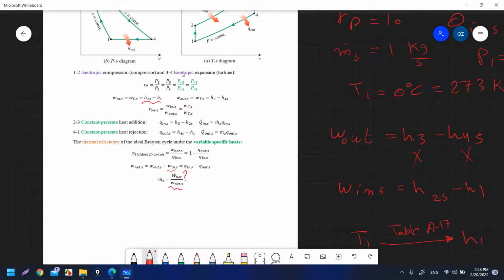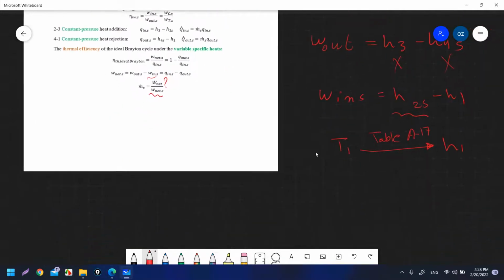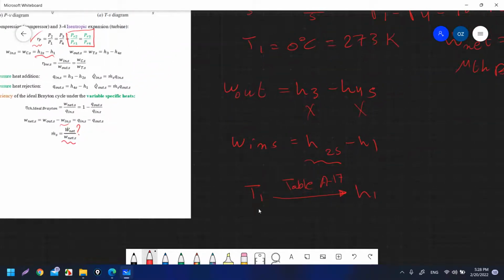In Diesel, Dual, and Otto cycles, we use the relative volume, but here in the Brayton cycle, we use the relative pressure. So if I want to find H2S, I need a property at state 2, which is the relative pressure at state 2. I have the pressure ratio given in the question, but the problem is that I don't have PR1 in order to find PR2. So also I will use T1 to find PR1.